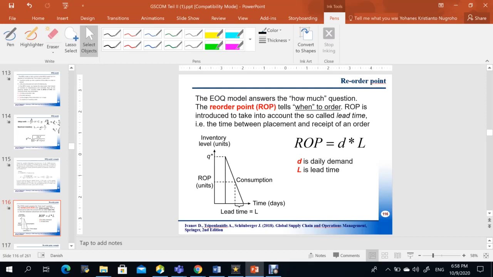So the reorder point is introduced to take into account the so-called lead time between placement and receipt of an order, and therefore the reorder point is formulated as the daily demand times the length of lead time.